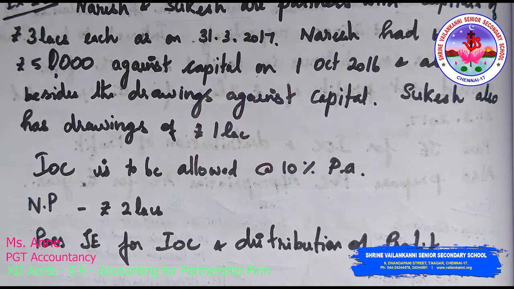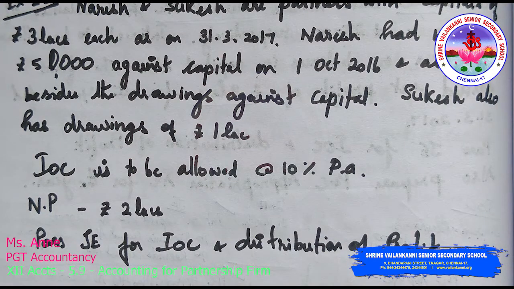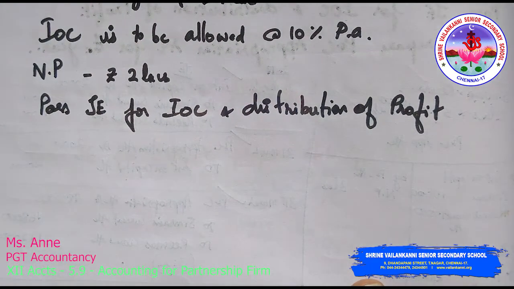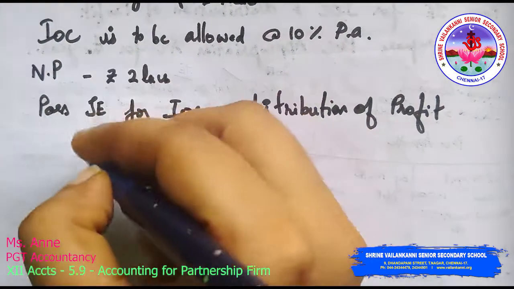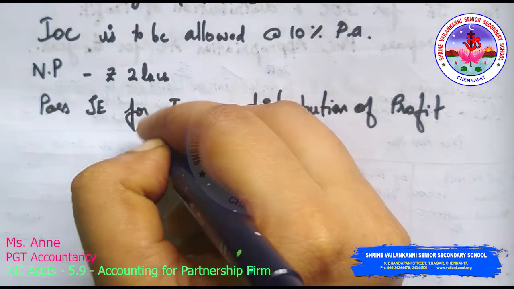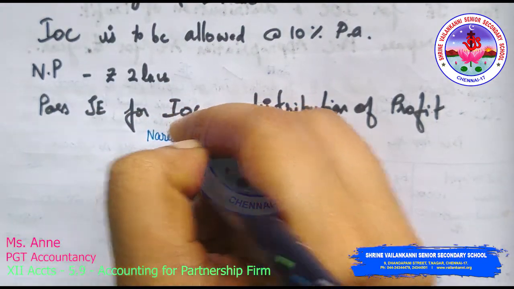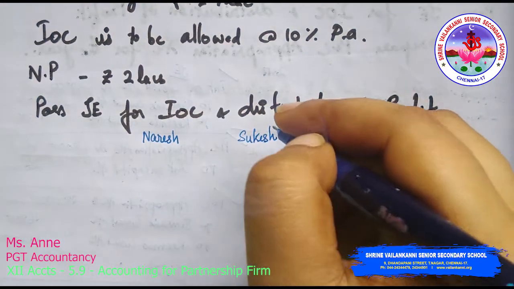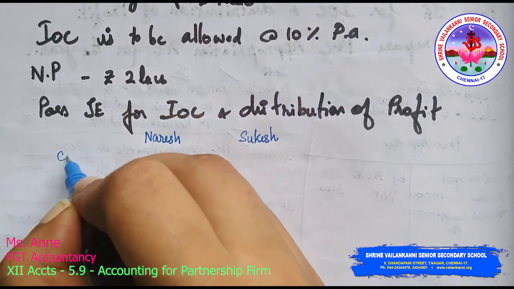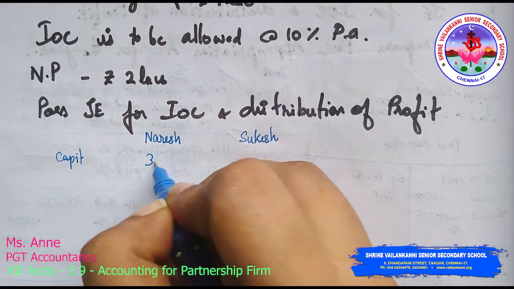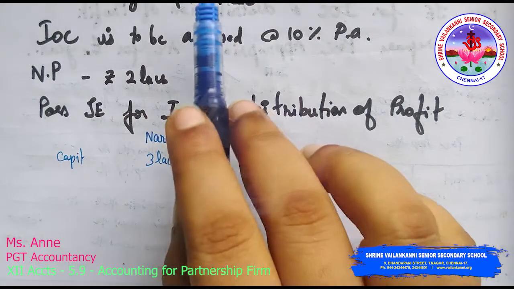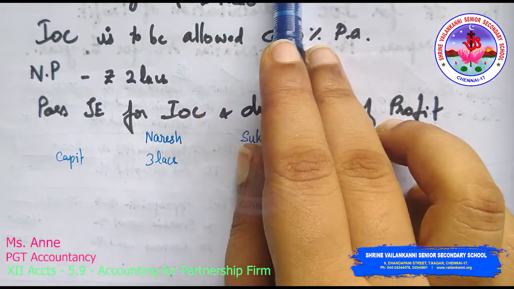You have to pass a journal entry for interest on capital and distribution of profits. So this is the question we have got. First we need to write the analysis of the problem. Here I have two partners, Naresh and Sukesh. Each one has capital of rupees 3 lakhs as on 31/3/2017.